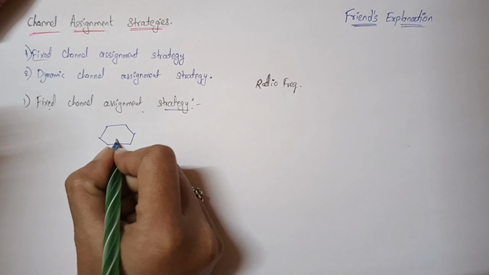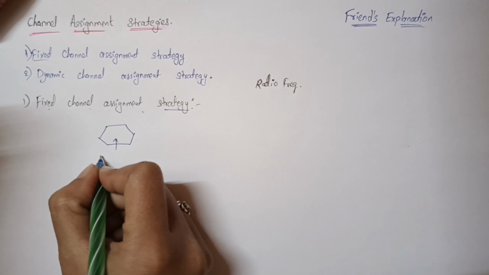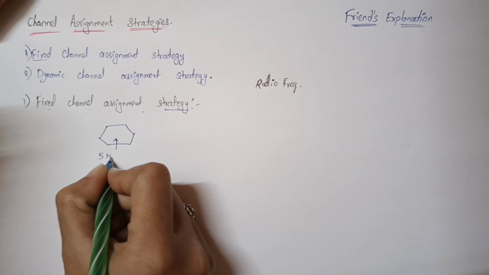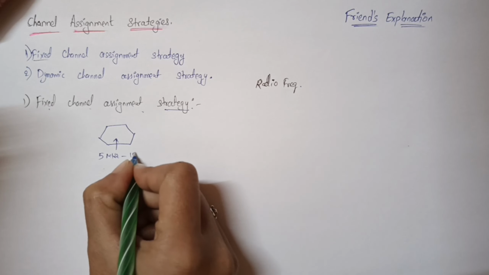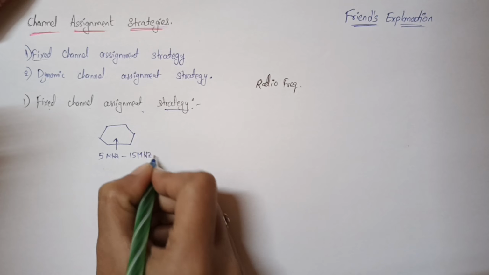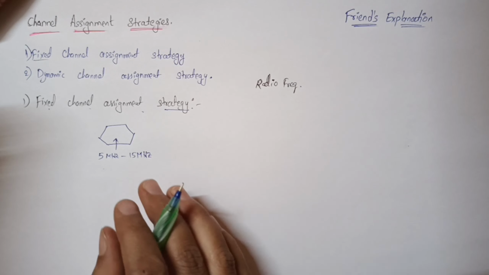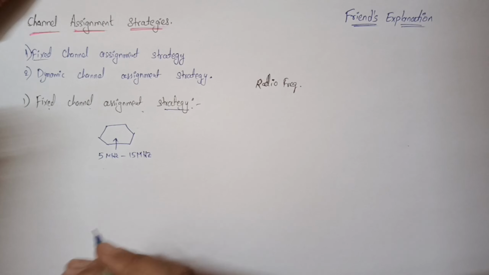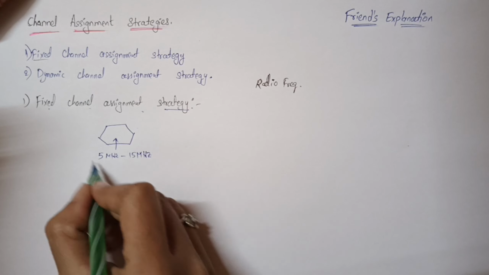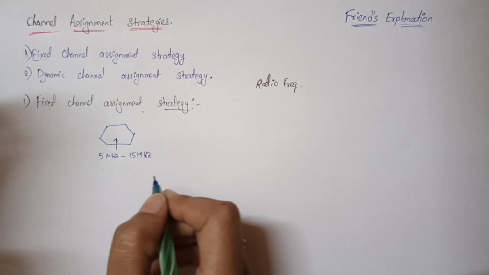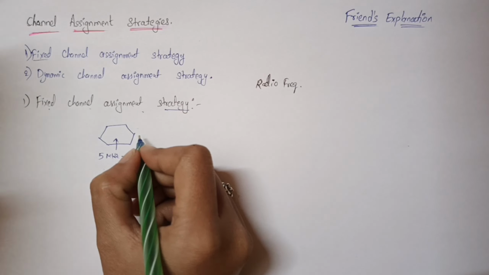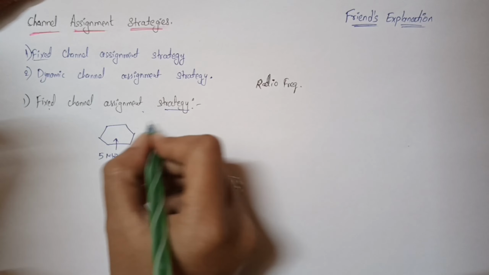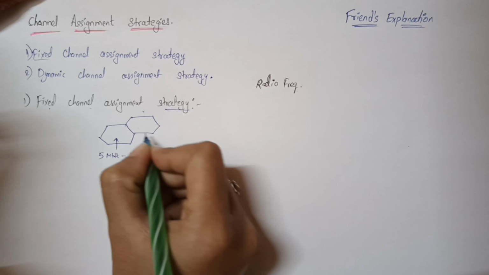So let's say this cell is assigned a radio frequency from 5 megahertz to 15 megahertz. Then this range is fixed to this cell and it cannot change. These frequencies cannot be given to another cell, let's say the adjacent cells.